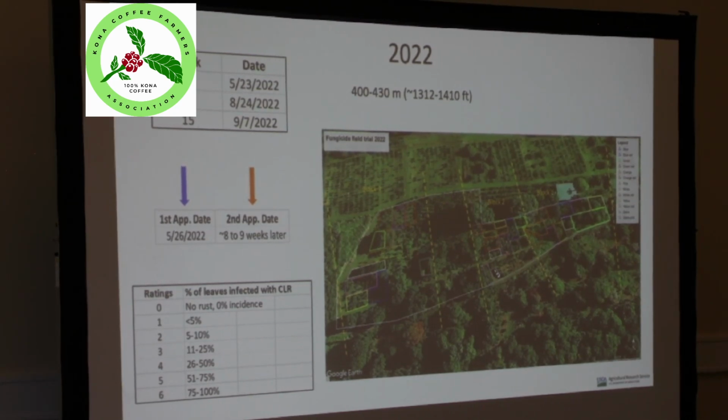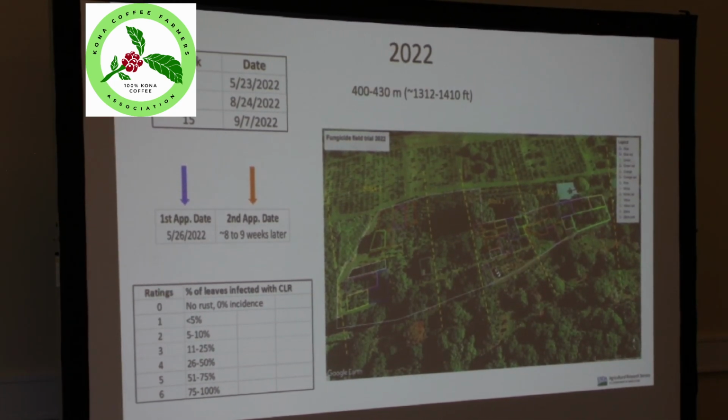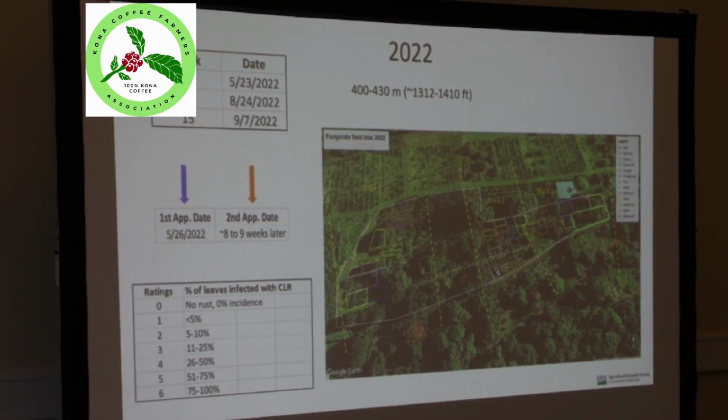And for the rating scale, we looked at incidence, so the percent of leaves infected with CLR. And I'll mention that overall, especially when the test got started, incidence was extremely low. So we started taking data, but actually amended the incidence ratings to include the entire tree.